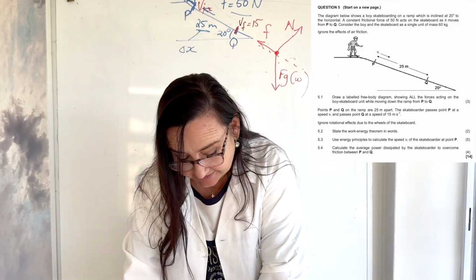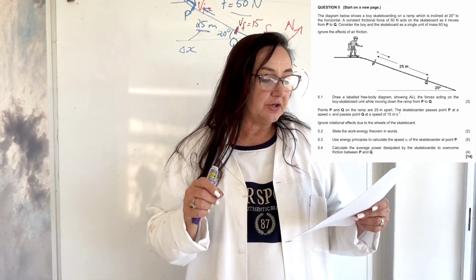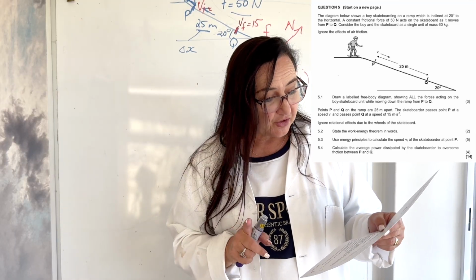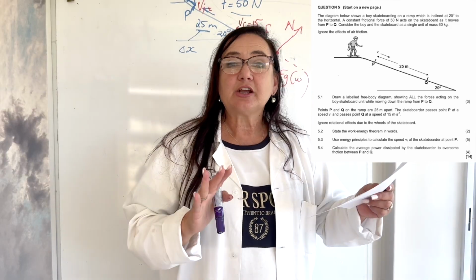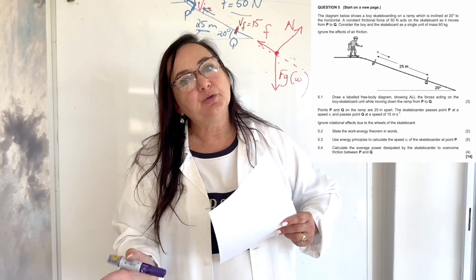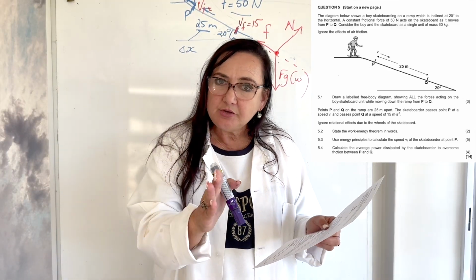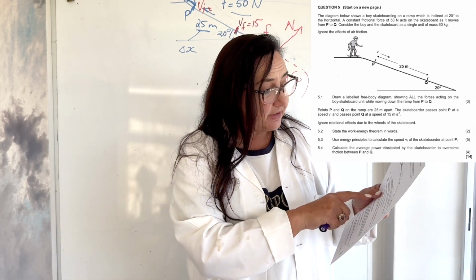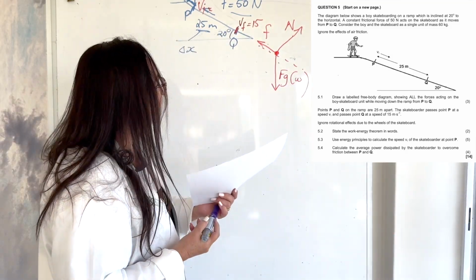In the next question, for 5 marks, they say use energy principles. So you see, we can't use any of our movement formulas. We have to use only our energy principles. And because they've asked me for my work energy theorem, I'm going to work with that one.